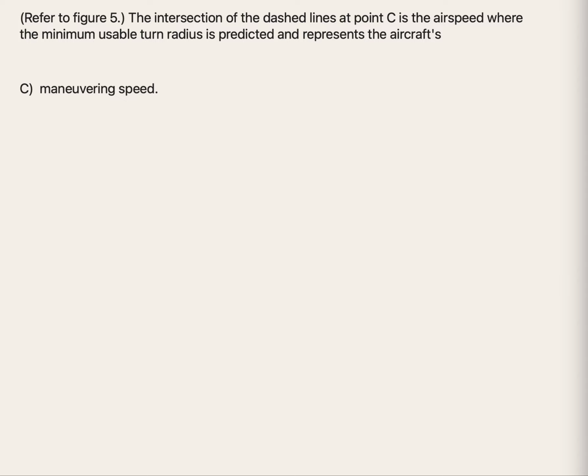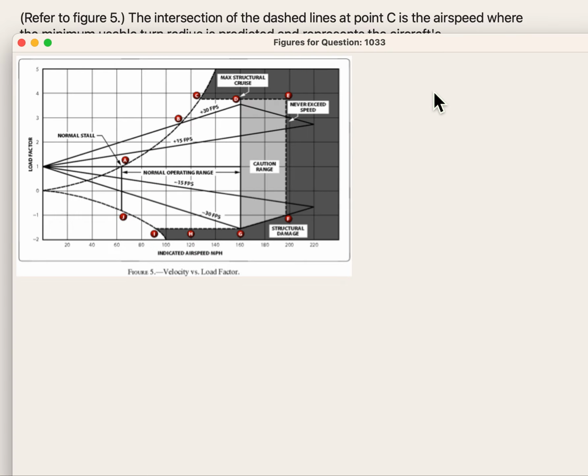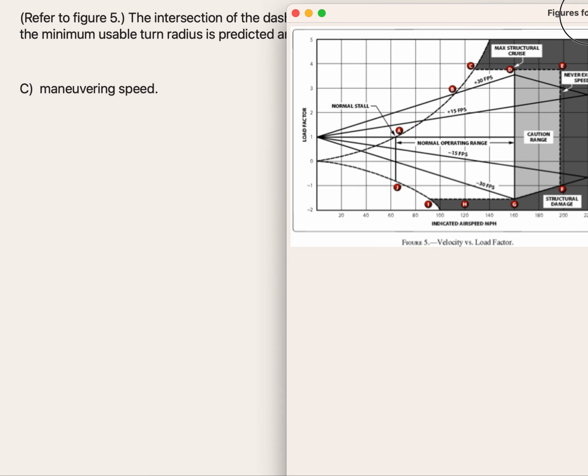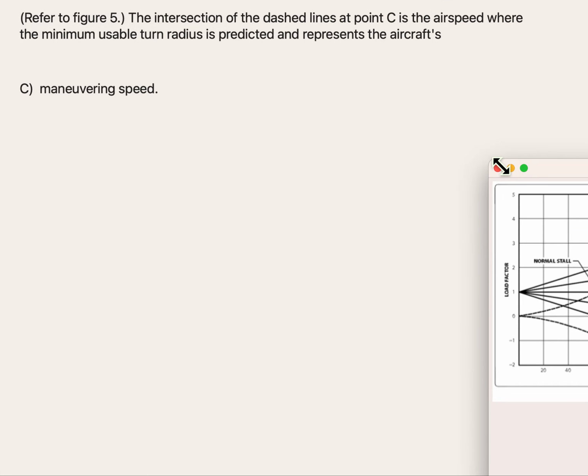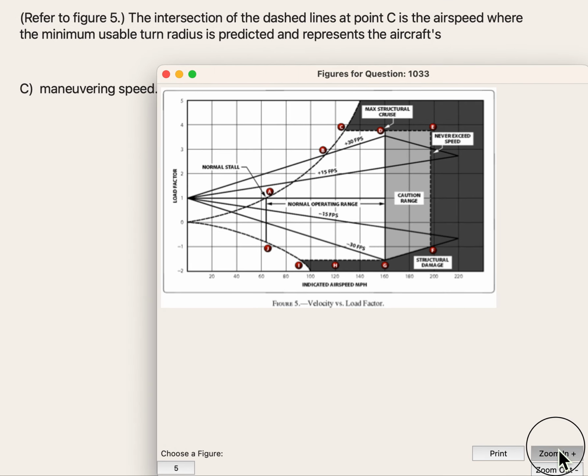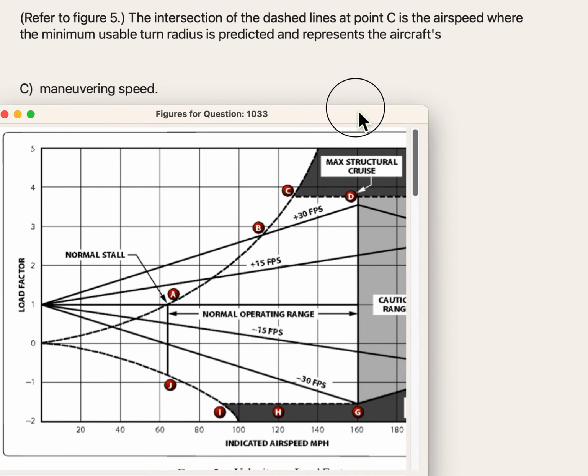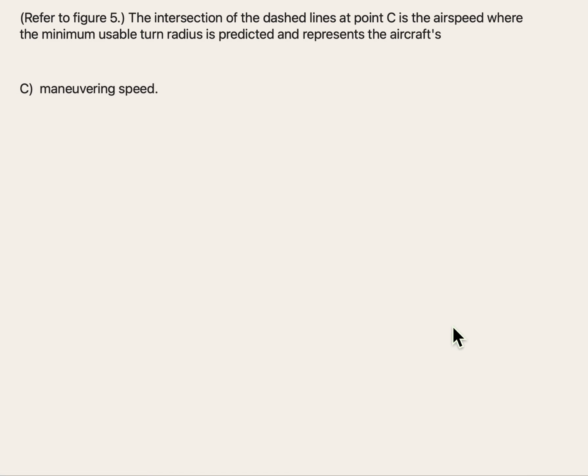Okay, figure 5, point C. The intersection of dashed lines at point C is the airspeed where the minimum usable turn radius is predicted and represents the aircraft's maneuvering speed. So let me go ahead and increase the size of this.